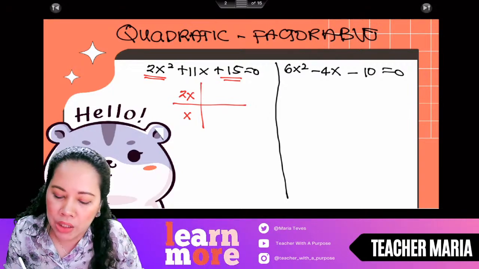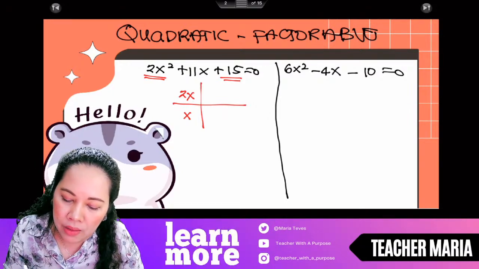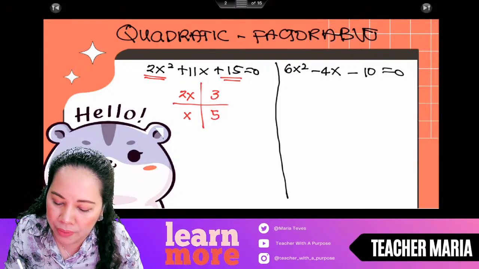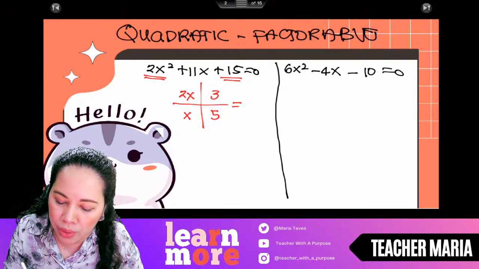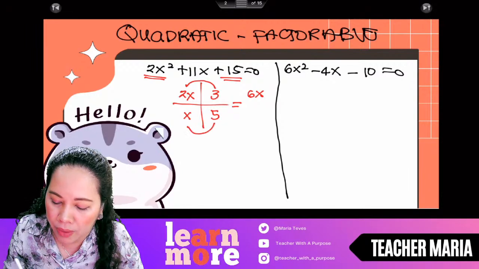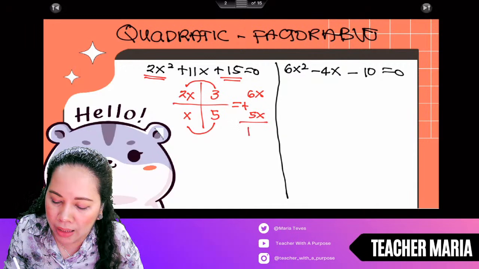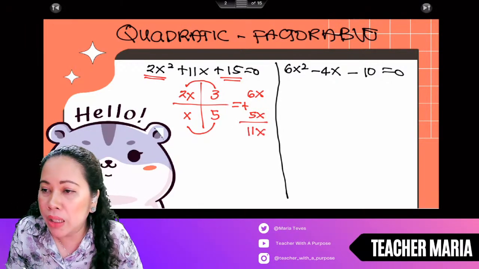So that was 3 and 5. That's 15. So 2x times 3 is 6x. x times 5 is 5x. When you add that, that will be 11x, which is the middle term.